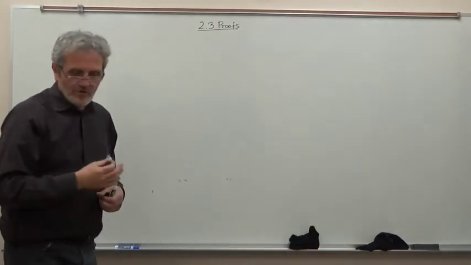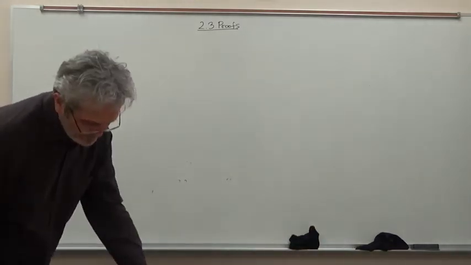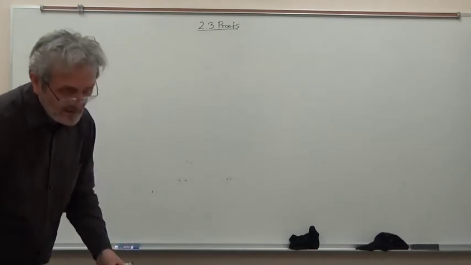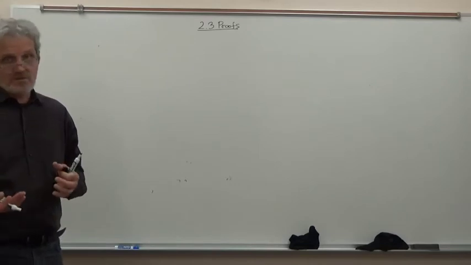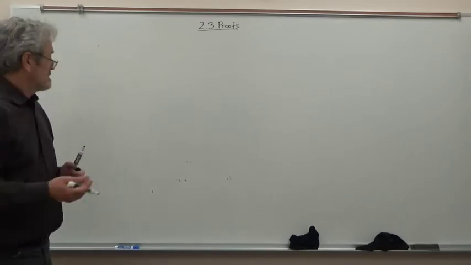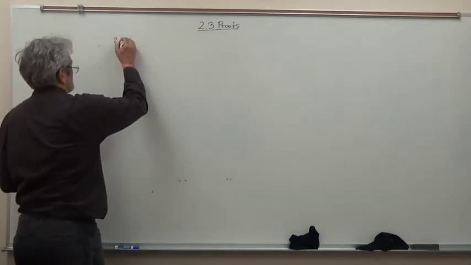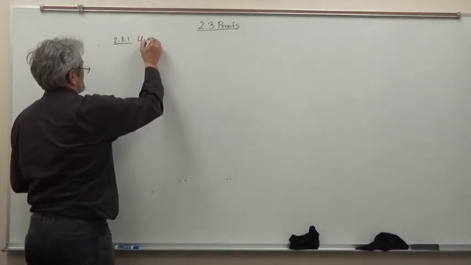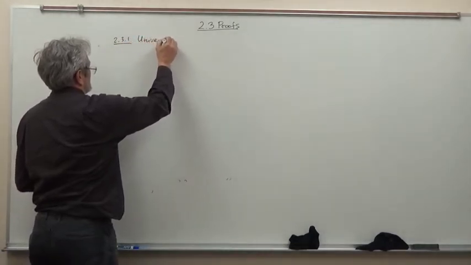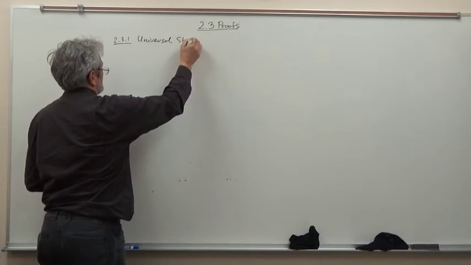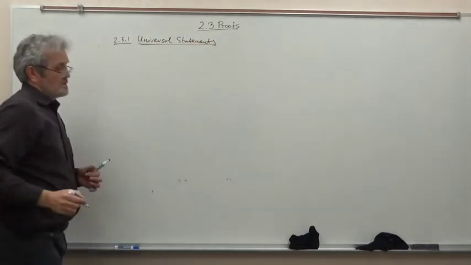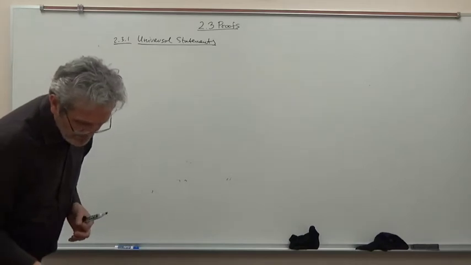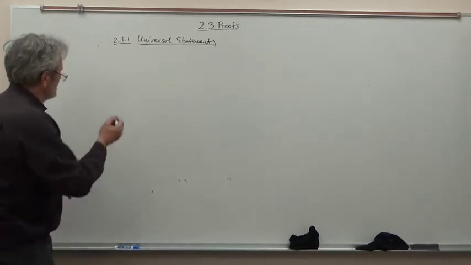To make a proof of a universal statement, you actually need to provide the proof for an arbitrary object. So let me see, 2.3.1, universal statement. In that case, let me consider one example.